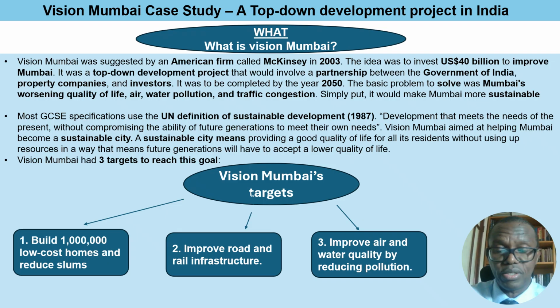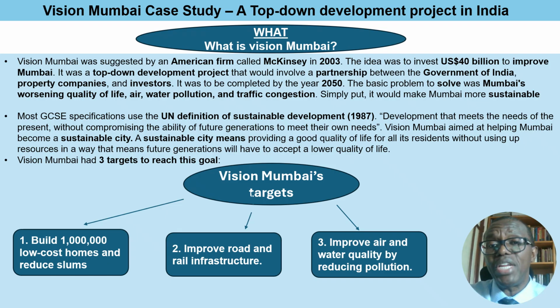so as to solve those problems. So simply put, Vision Mumbai would make Mumbai more sustainable. Now, most GCSE specifications here in the UK use the UN definition of sustainable development.